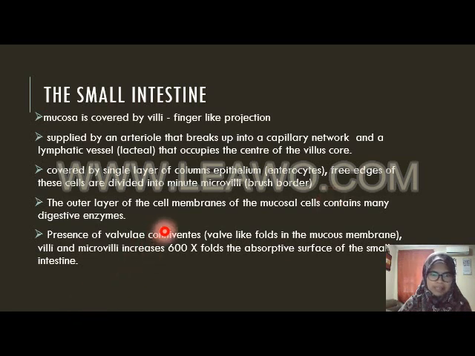The outer layer of the cell membrane of the mucosal cells also contains many digestive enzymes, and the presence of valvulae conniventes, which are valve-like folds in the mucous membranes, together with villi and microvilli, increases the ability of the small intestine to absorb the final products of food digestion up to 600 times. Okay, so these are the features of the small intestine that fit its main function, the absorption of nutrients, or final products of food digestion.